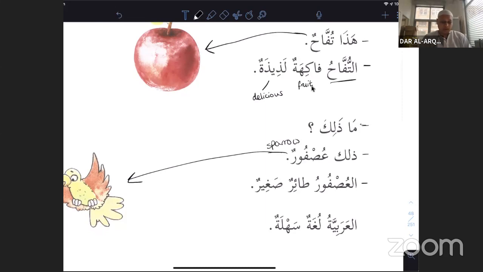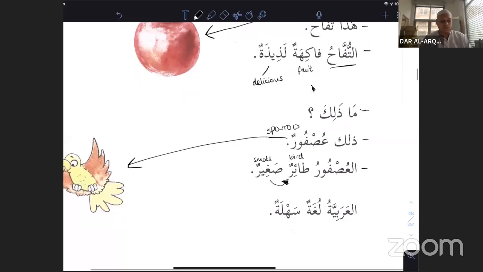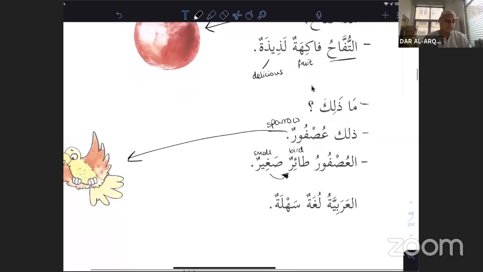Next line. العصفور طائر صغير. طائر means bird. صغير means small. So the sentence means the sparrow is a small bird. صغير is an adjective for طائر. Yeah, because obviously it follows on with the rules, the four rules.